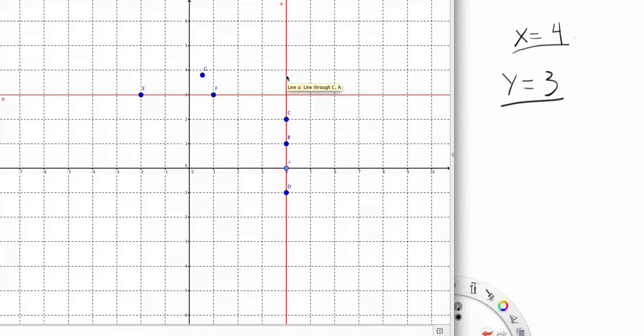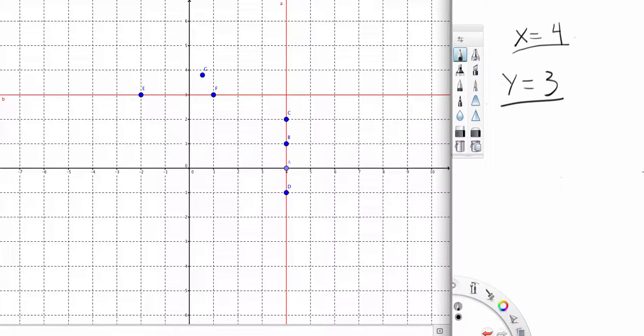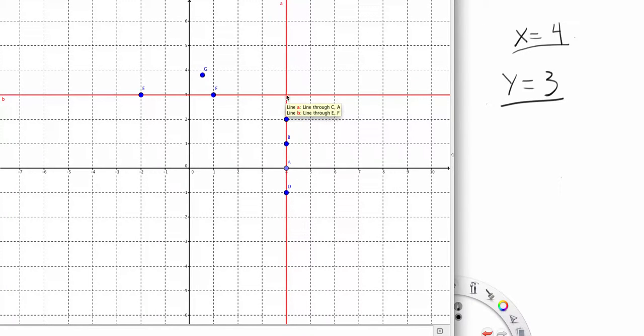Okay? Now my next question to you is this. Those two lines, x equals 4 and y equals 3, look at them and tell me where they intersect. I don't think it's difficult to see that here's the line x equals 4, here's the line y equals 3. They're going to cross right there. And what would that point actually be where they cross?